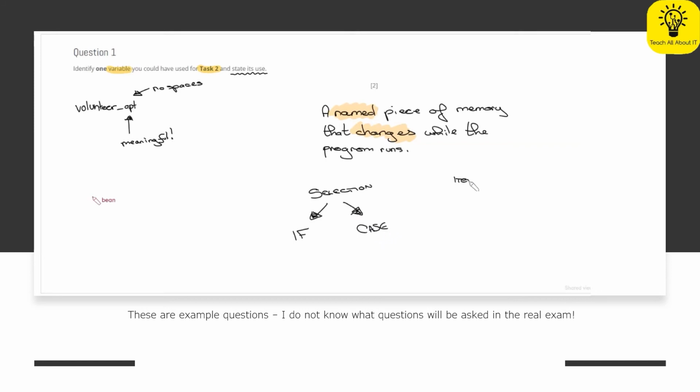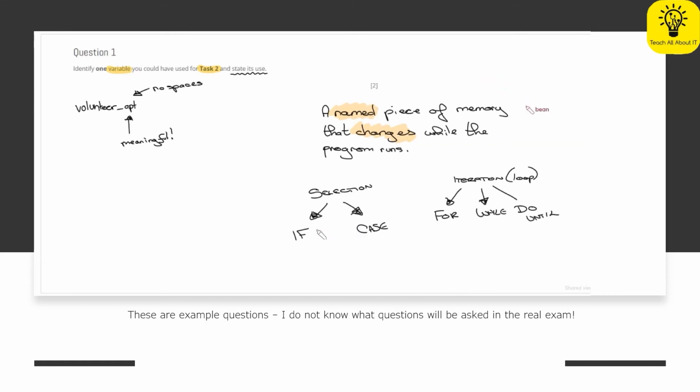Iteration, which is looping. You've got for. You've got while. What's the third one? It's that really awkward one that doesn't fit inside Python. Do until. Yeah.